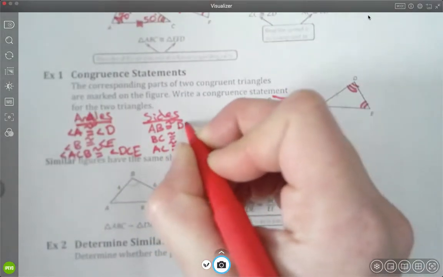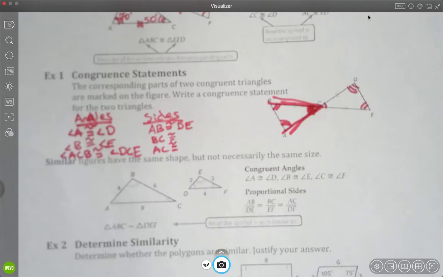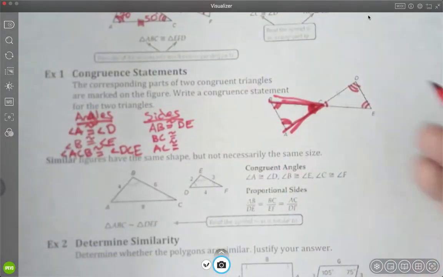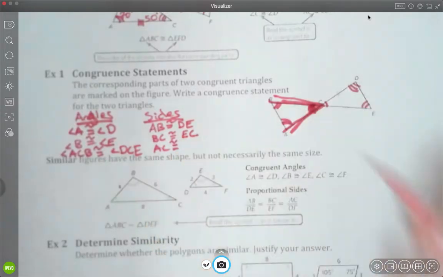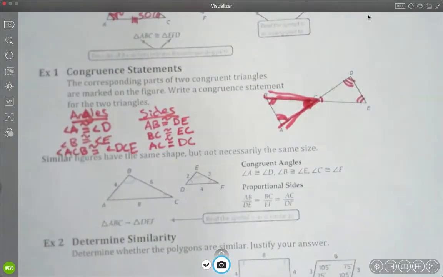D, E. Okay? BC. BC goes with, what'd you say? EC. We got a lot of weird letters, E for egg or B for boy. Okay? AC is the last one. BC. Does that make sense? So we're showing that those all correspond to one another.